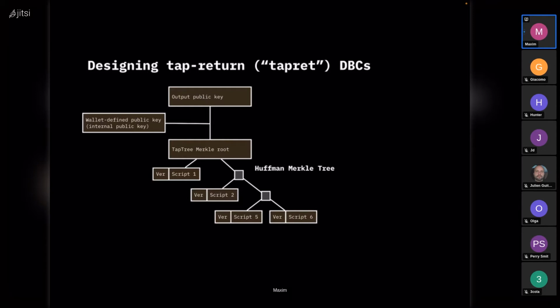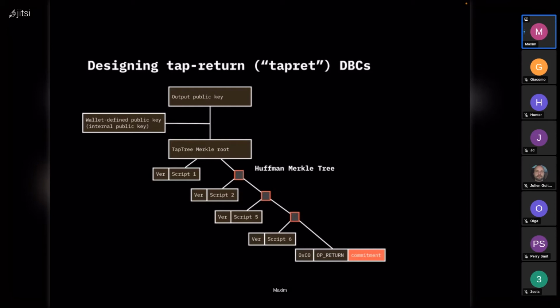Or you can put it at the deepest level, as here, add another node, and we will have the longest spending path, but you will never reveal the spending path in the blockchain. You will only keep the spending path in the client-side validated data.